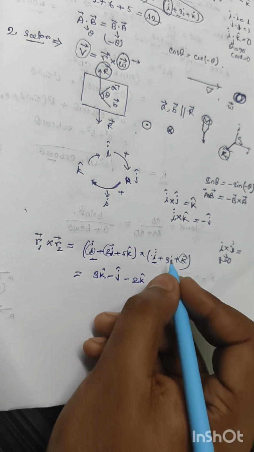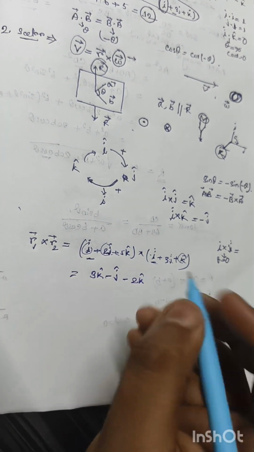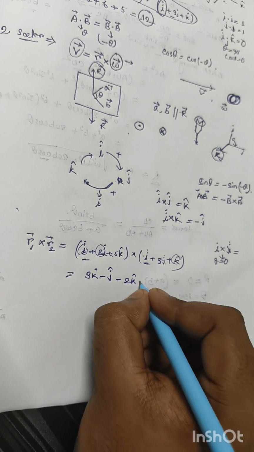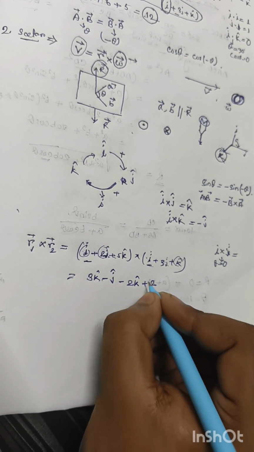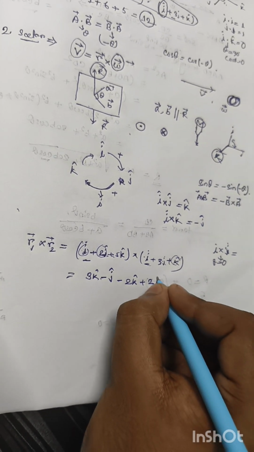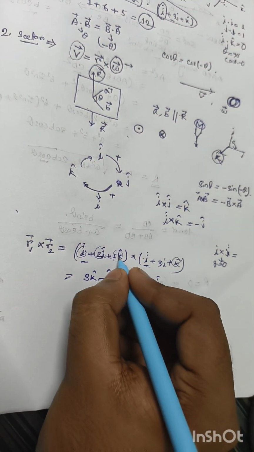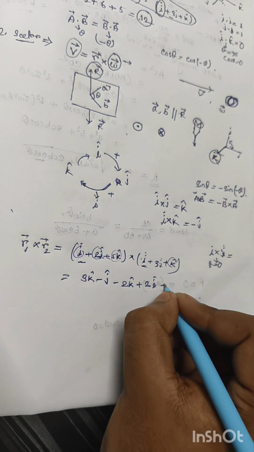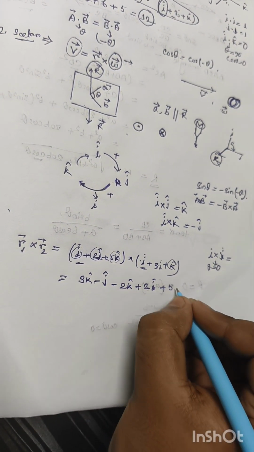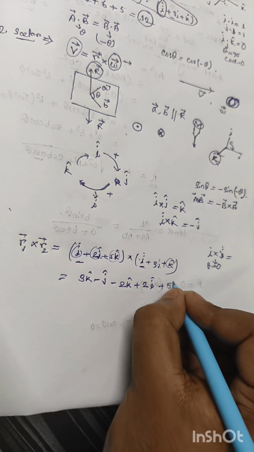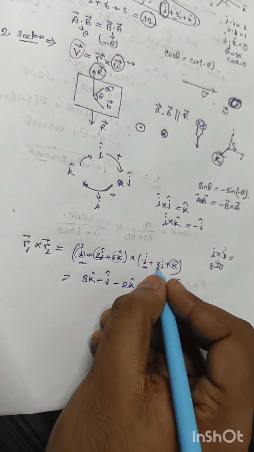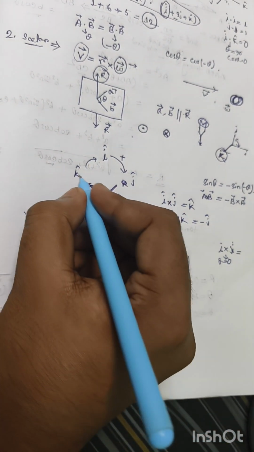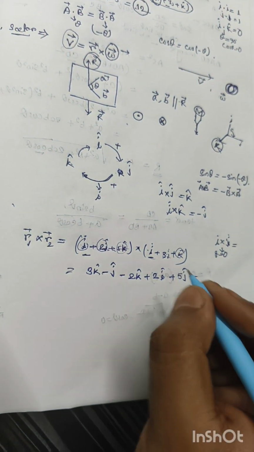For this that is 0, and for this that is 0, and that k i is plus, and for this k j is minus.